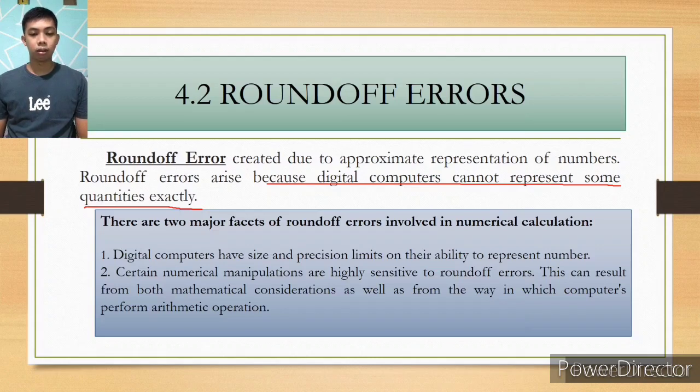I have some examples here, but I did not include them in the PowerPoint, so I will just read my example. If you have a number like 1 divided by 3 and you had a 6 significant digit computation, 1 divided by 3 is approximated as 0.333333.